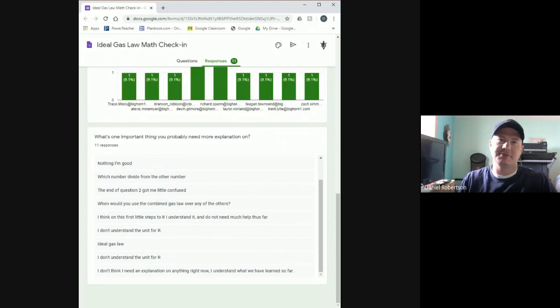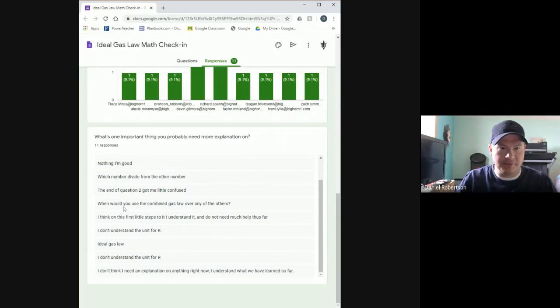Or if you're solving for V, then you'll divide both sides by P. So you're really just going to try and cancel out all of the numbers on one side of the equal sign or the other. So it's like regular algebra. There's really nothing special about it.